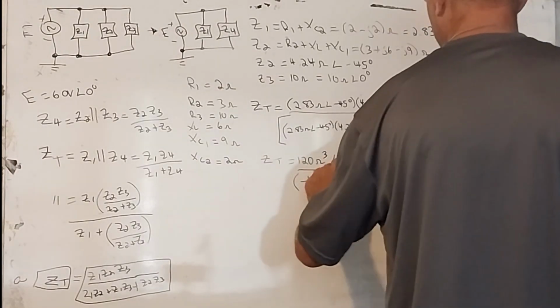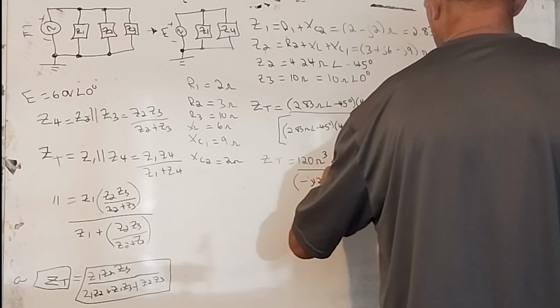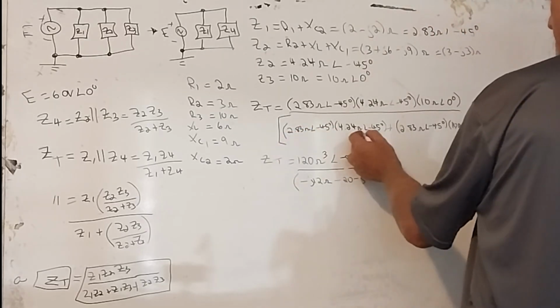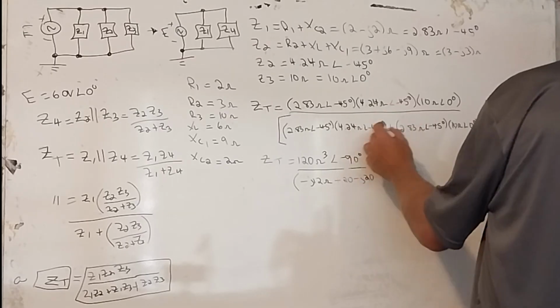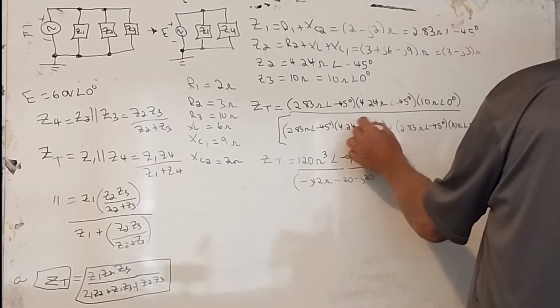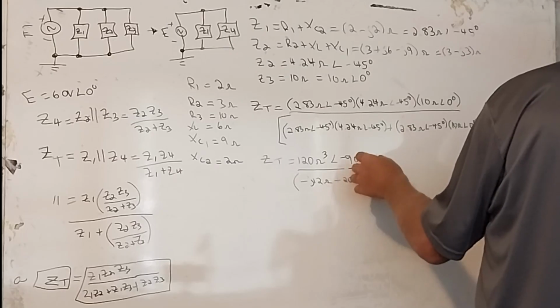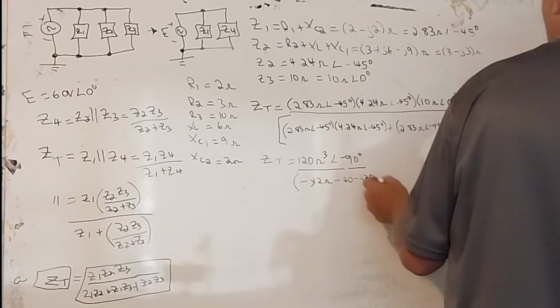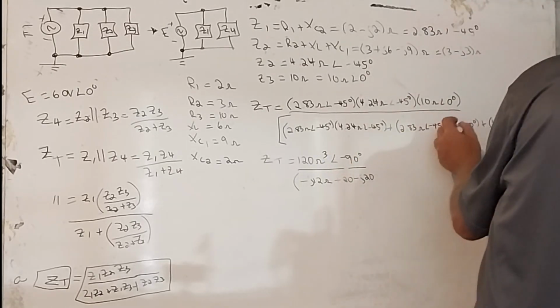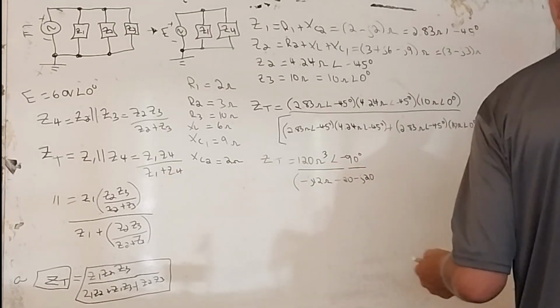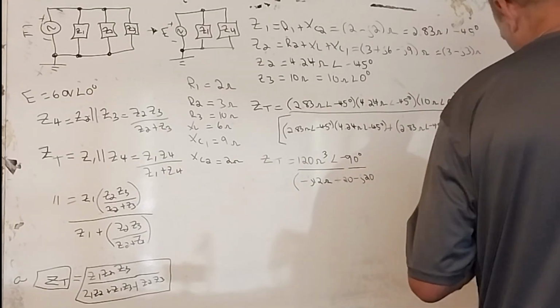So we have plus 20 minus J20. So this is 12, that's negative J12 since it's at negative 90. And we have plus 20 for the resistance, minus J20 for the reactance for this. And then this one becomes 42.4 ohms at an angle of negative 45 degrees.